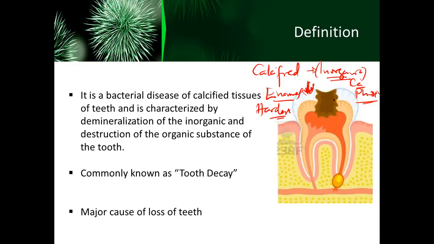So what we're talking about when we start talking about dental caries is that now that area starts being affected by bacteria and other things. After that area has been opened up, bacteria gains access to other sections of the teeth, the organic sections, and it causes more damage.